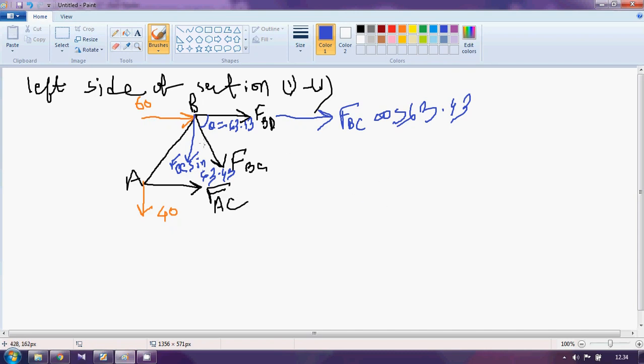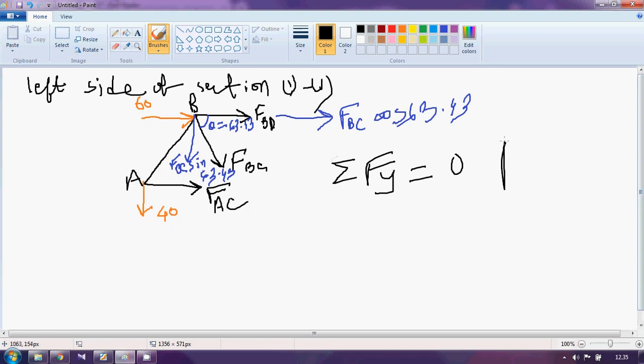If I take summation Fy, then I have only one vertical force and this 40, so I can easily calculate FBC. So you have to be very cautious and see whether you will take summation Fx or summation Fy. In this case, if I take summation Fy, there will be only one unknown, which is FBC. This force I need to calculate, correct?